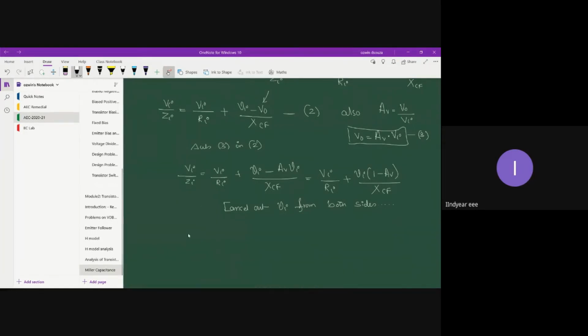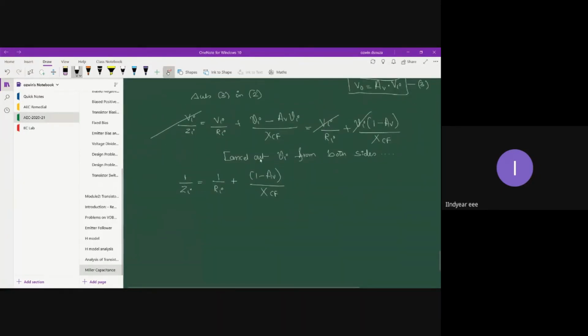So what do you get? 1 by Zi is equal to 1 by Ri plus 1 minus AV divided by XCF.